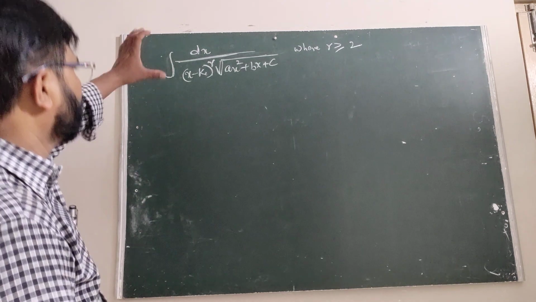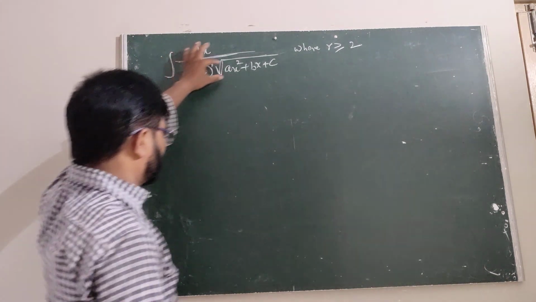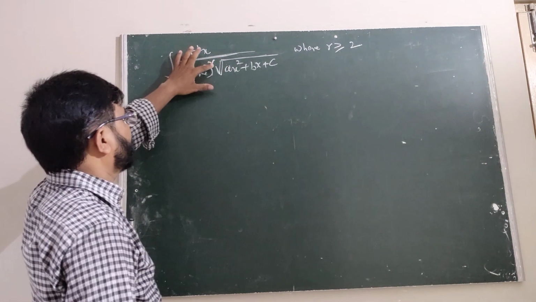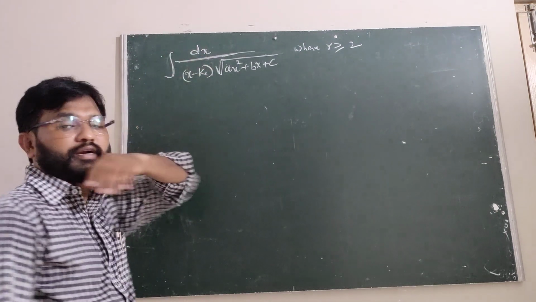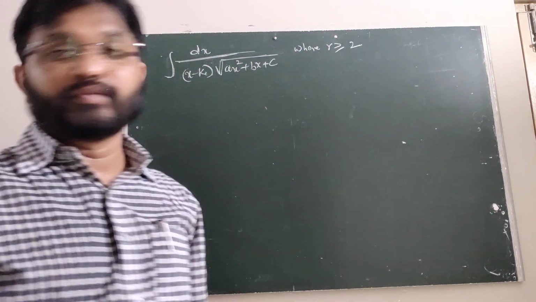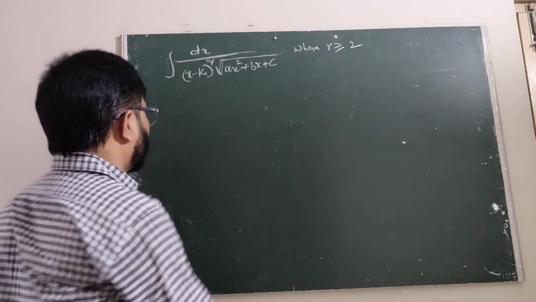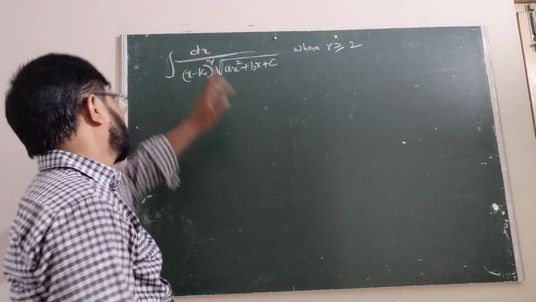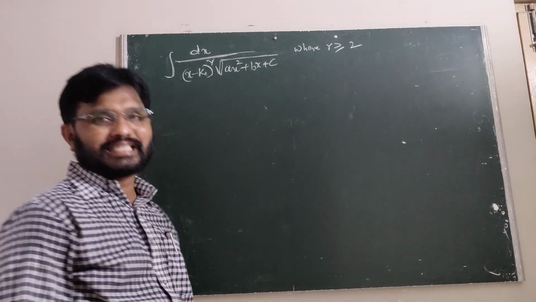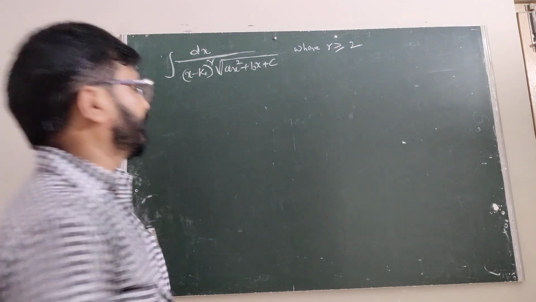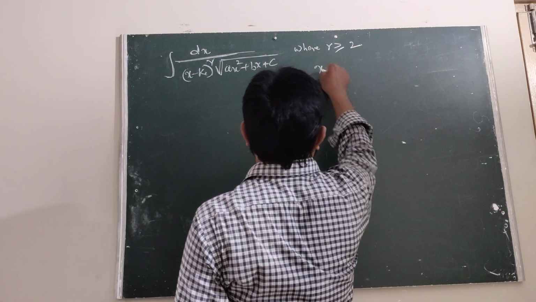Here, in this case, this is linear and this is quadratic. We know that if r is not equal to 1, undoubtedly we take 1 by t. In this case also, when r is greater than or equal to 2, we take x minus k as 1 by t. What is the suitable substitution here?